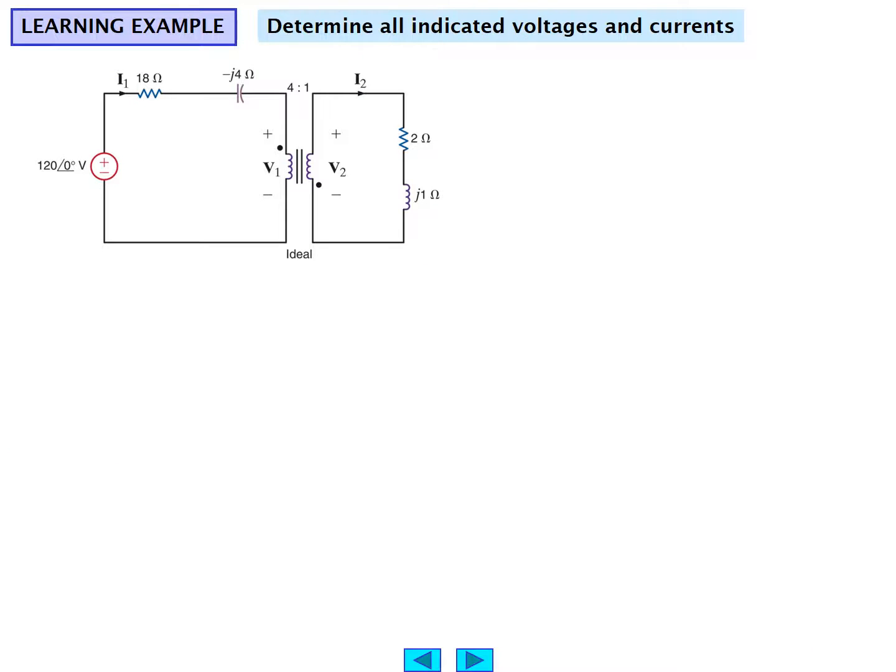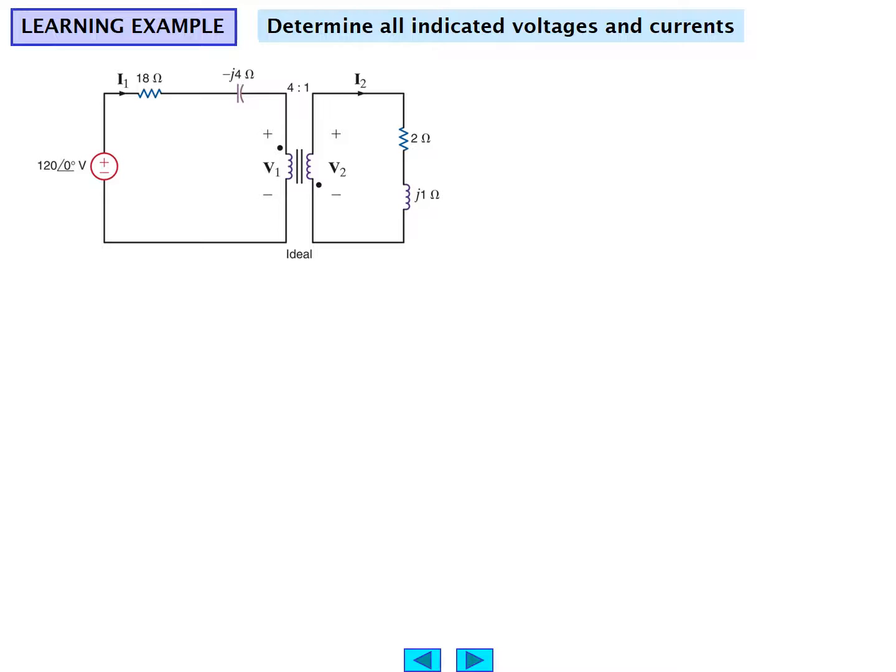So here we have our first practical problem based upon these representations and equations that you should have in your notes. Determine all the indicated voltages and currents. We have a 120 volt, 0 degree phase voltage source developing a current I1 through an 18 ohm resistor. A capacitor's reactance is minus j4.